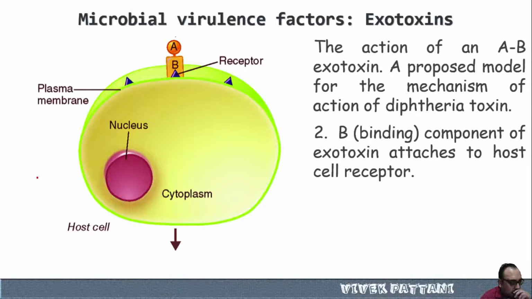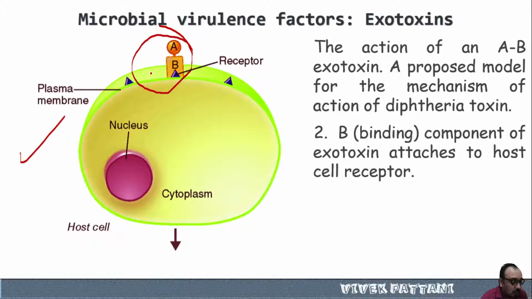Now comes the binding to a host cell receptor. This is a host cell where the exotoxin binds, where B, which is the binding component of the exotoxin, attaches to the host cell receptor.